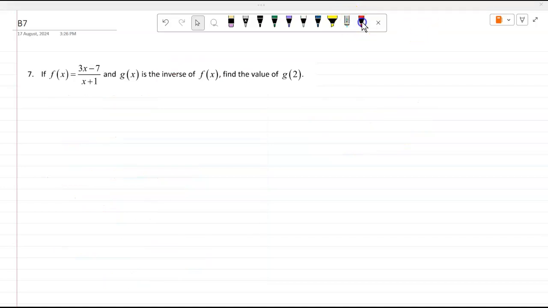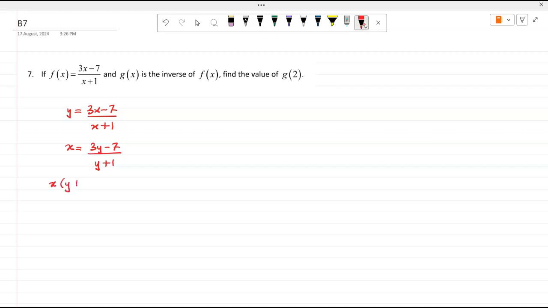So how do you find the inverse of a function? So g(x) is the inverse of f(x). You exchange x with y and y with x. So y is equal to (3x minus 7) divided by (x plus 1), so x is equal to (3y minus 7) upon (y plus 1). Replace x with y and y with x, and make y the subject.